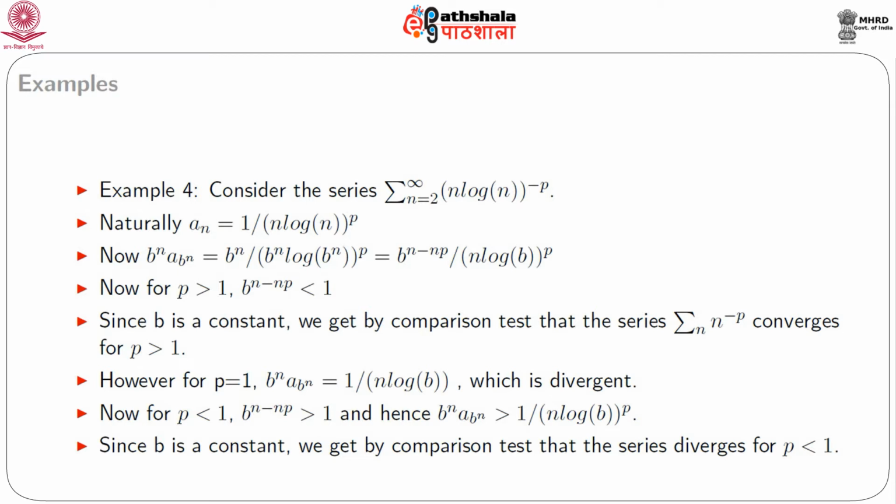Since b is a constant, we get by comparison test that the series converges for p greater than 1. However, for p equal to 1, b to the power n times a_(b to the power n) comes out as 1 by (n log b), which is divergent. Then for p less than 1, b to the power (n minus np) is greater than 1, and hence b to the power n times a_(b to the power n) exceeds 1 by (n log b) whole to the power p. Since b is a constant, we get by comparison test that the series diverges for p less than 1.